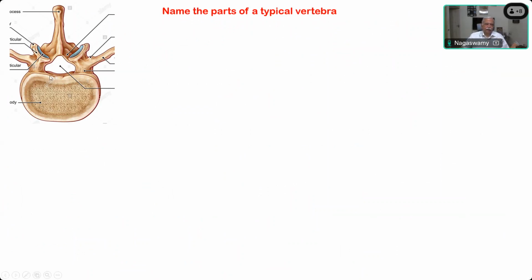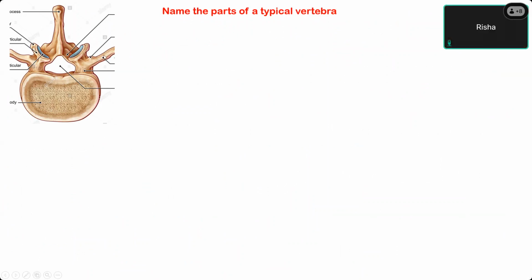But already you know there are markings here. This is the body. What is this portion? Are you able to see my marker, the arrow mark? What is that portion of the vertebra called? This is the pedicle. And what is this called?